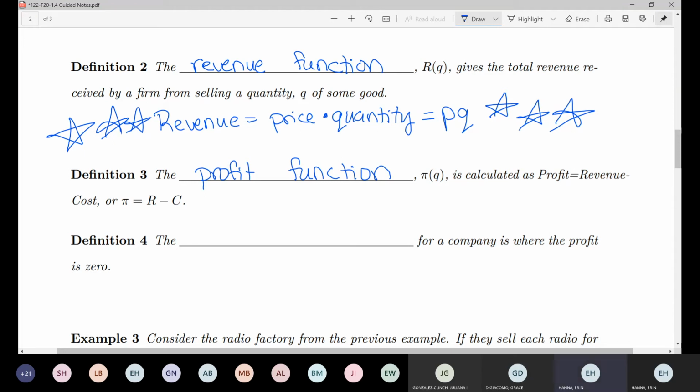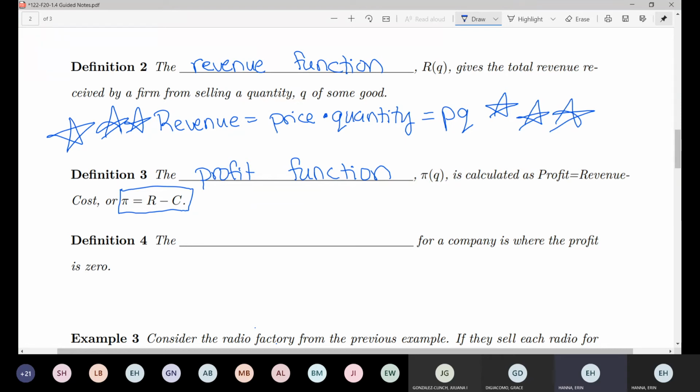And we calculate profit by doing revenue minus cost. So the thing you might want to get in your brain is the symbol representation of that. Pi equals R minus C. Now you can also kind of talk yourself through that all the time. The profit is the amount of money you get to take home to your mom and be like, hey mom, I made this much money today, right?